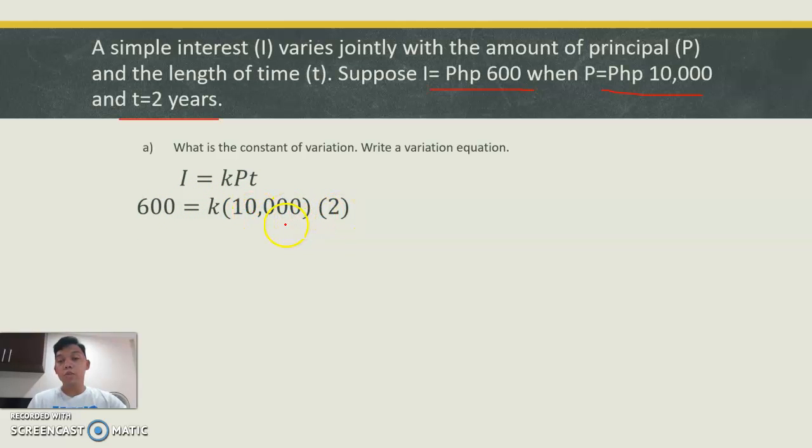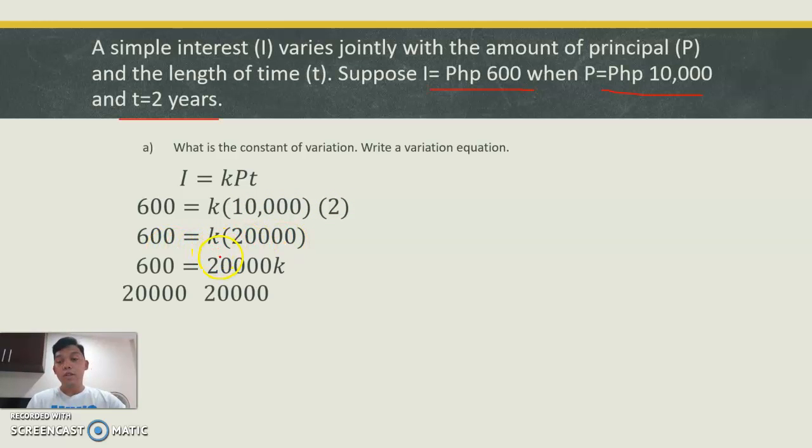So 10,000 times 2 is 20,000. Then we divide both sides by 20,000 so that we can get k, remember? This will be cancelled, and therefore our k will be 3 over 100 or 0.03.